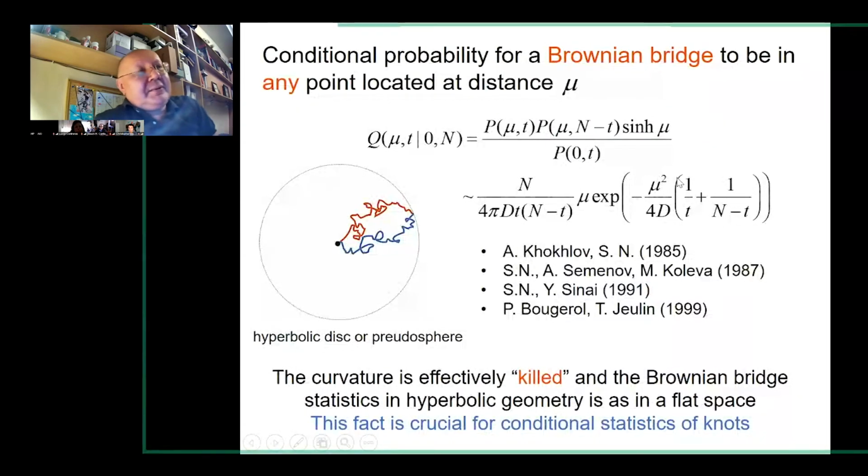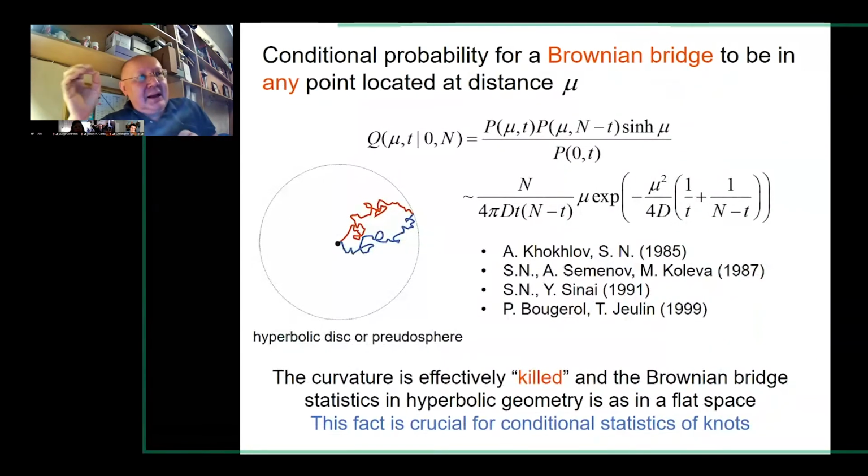Therefore, I can just say in words the following. If you have a random walk which starts in hyperbolic space or on the tree from the origin, then because the hyperbolic space has a curvature, your random walk tends to go away from the origin with a linear speed. But now let us do the following: we force our trajectory to come back at the very end, and we ask how far we are at an intermediate step.